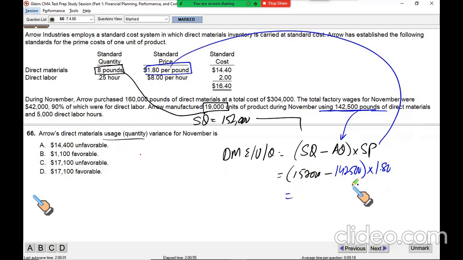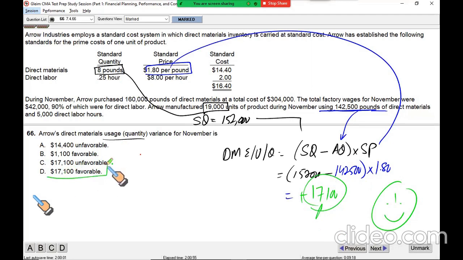So you saved a lot of material. 142,500 multiplied by 1.8 is clearly giving you a plus number, which is 17,100, which means it's a favorable variance. Despite our happiness, we must investigate why this variance is favorable. There has to be some justification for that. So this is 17,100 favorable.